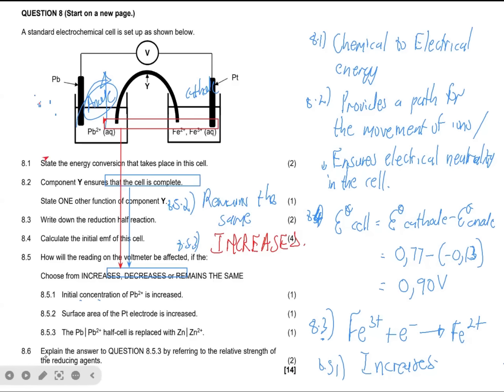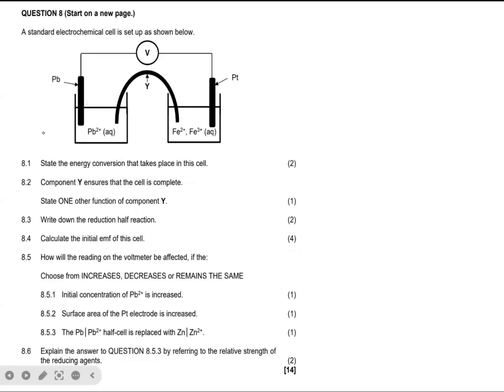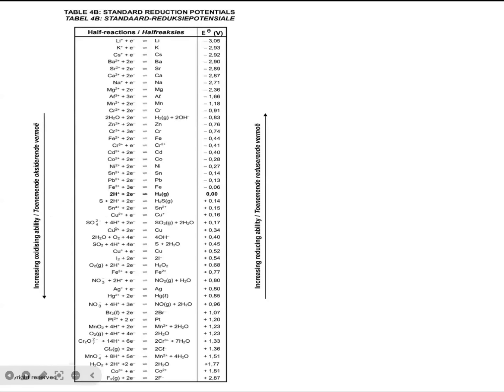Let's check now. 8.6 says explain the answer to question 8.5.3 by referring to the relative strengths of the reducing agents. Okay, let's explain that. This is the zinc right here, and then this was the Pb2+.